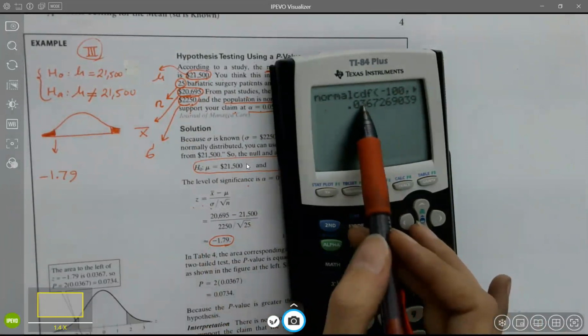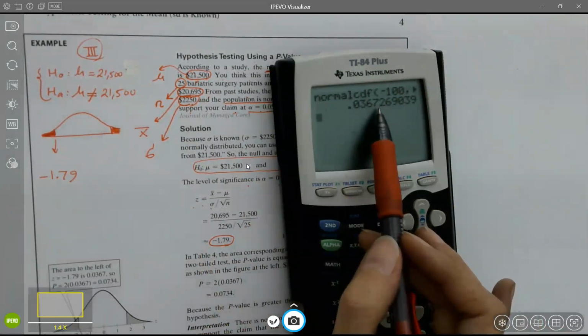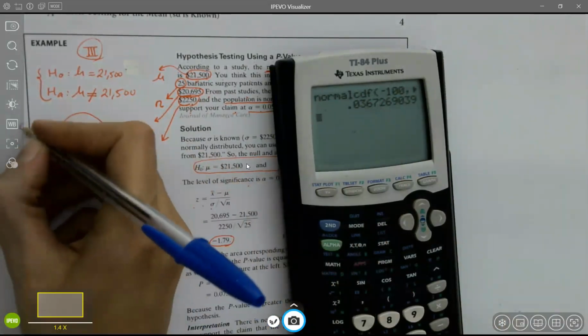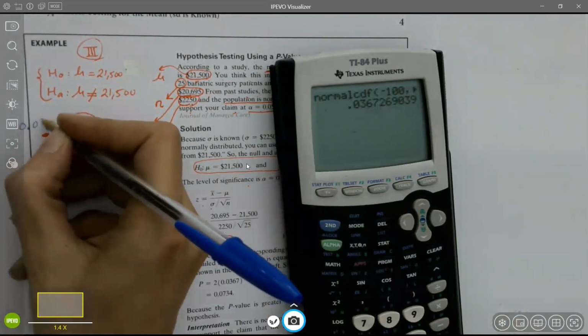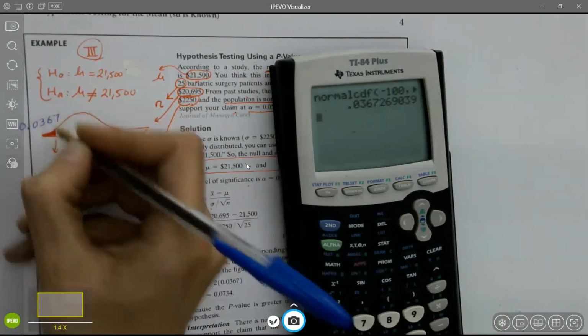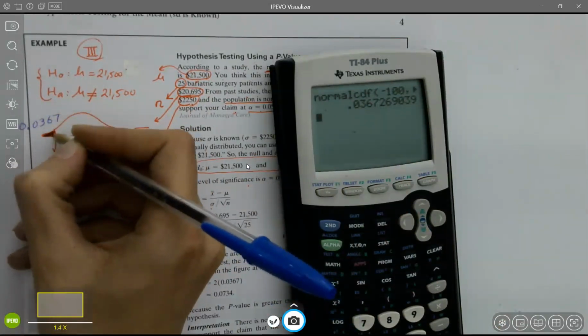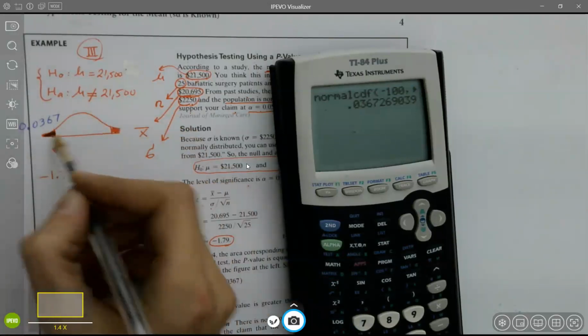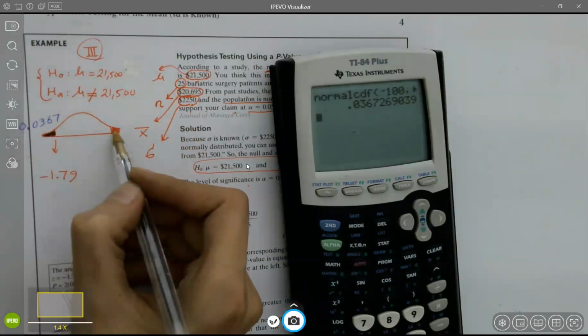You can add more decimals as you want. So this is approximately 0.0367. This is the little area to the left. But note that you have the exact same area to the right.